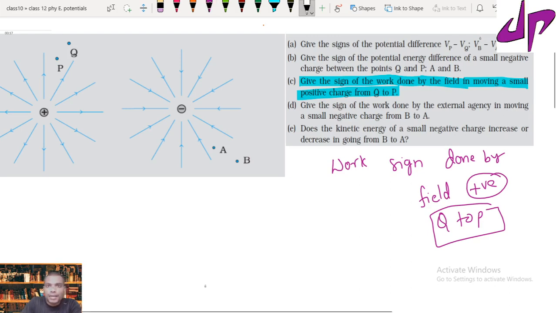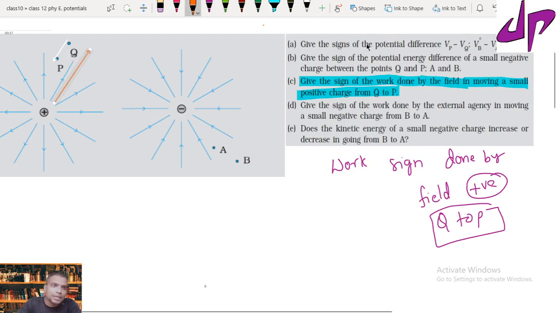If we move a positive charge from Q to P, that is the displacement direction. But what about the force by the field? The force by the field is in this direction.